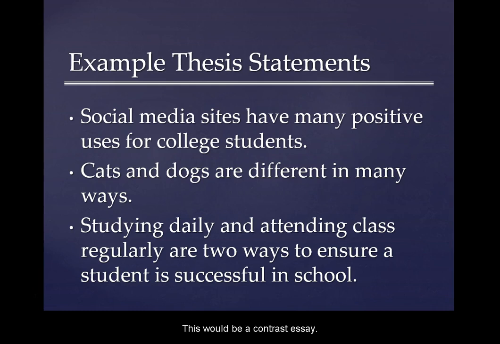This would be a contrast essay. And then finally, studying daily and attending class, the writer is arguing, are two ways to ensure a student is successful in school. The first two thesis statements are general, or no points, theses. This third one is a mapping, or points, thesis.